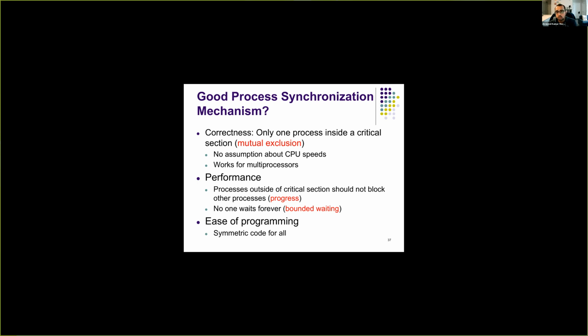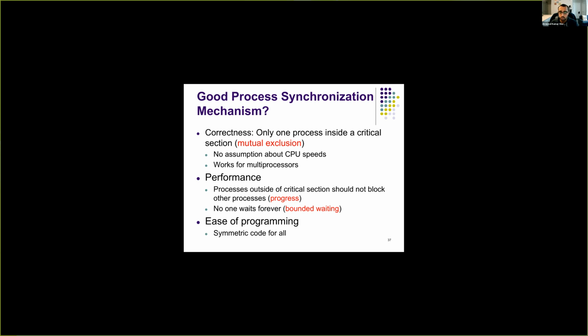And we should also make sure that the processes that are outside the critical section do not affect the code that is running inside the critical section, or rather, anything that controls the critical section should not be done by code that is running outside the critical section. And finally, it should be easy to program.